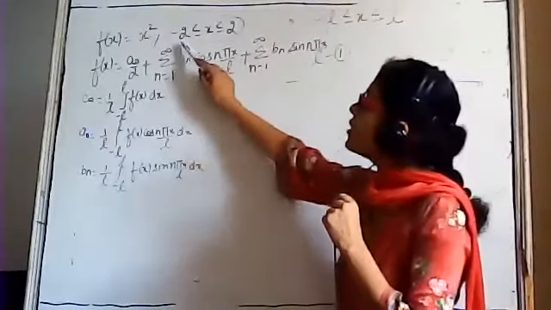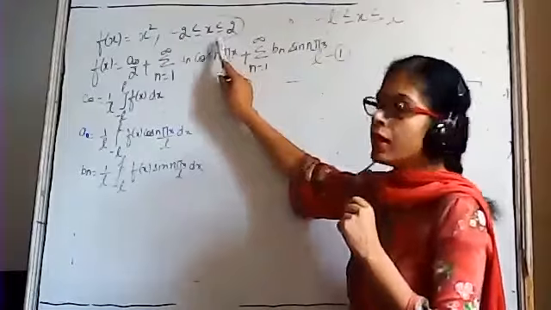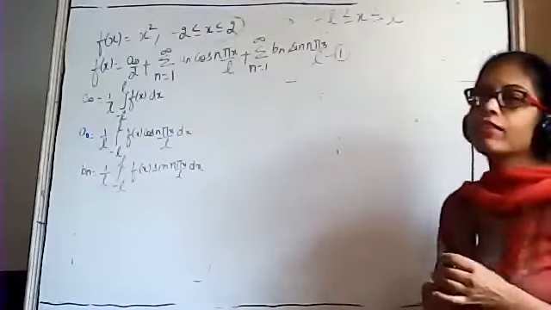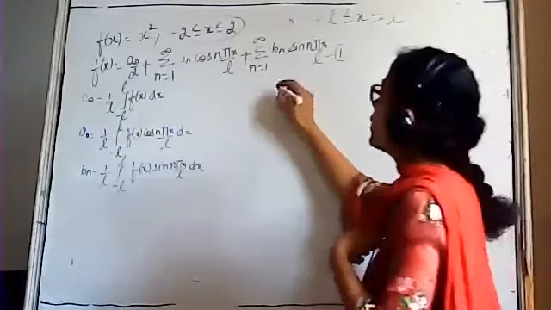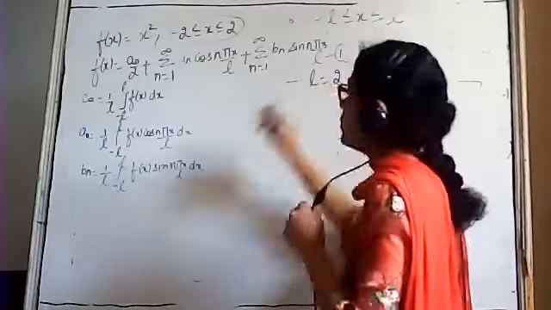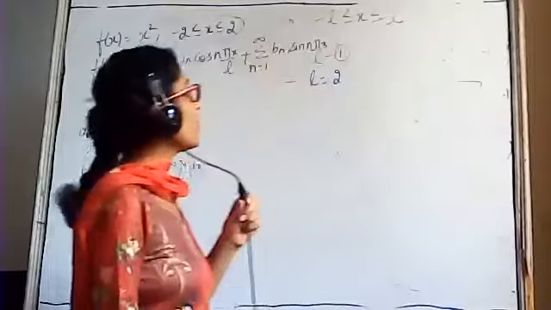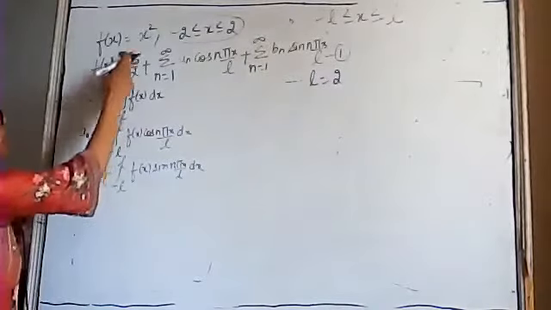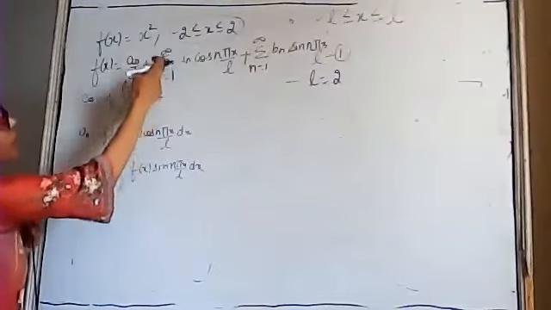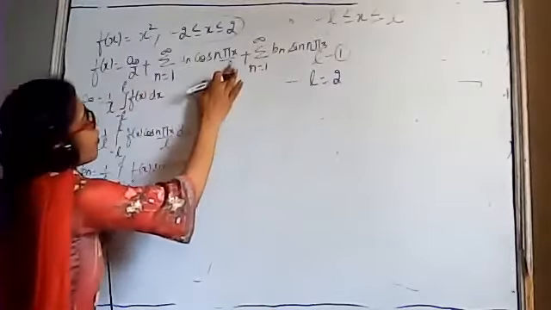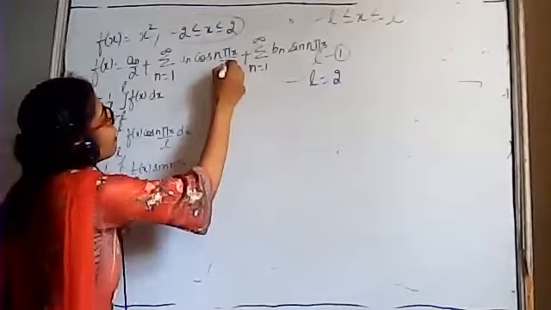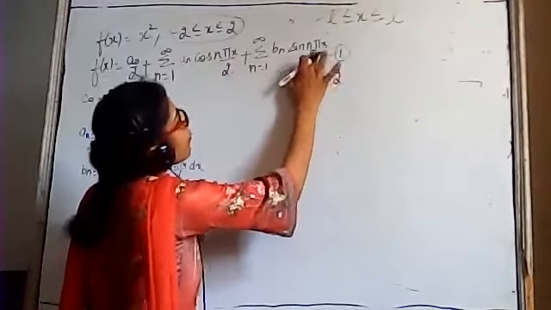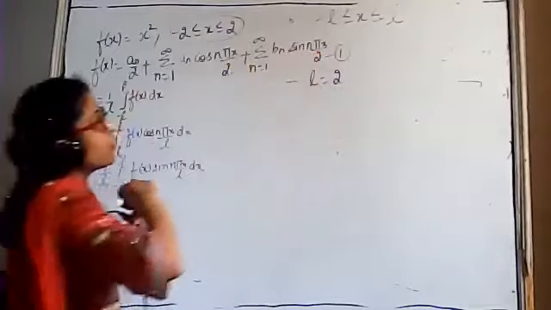Now in this question we have the limit from -2 to 2. If we compare this limit with the general limit, we get the value of L as 2. So substitute the value 2 in all the formulas. We get f(x) as a0 by 2 plus summation n varies from 1 to infinity a_n cos of n pi x upon 2 plus summation n varies from 1 to infinity b_n sin of n pi x upon 2.